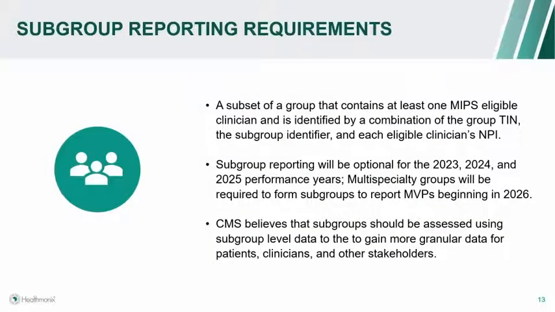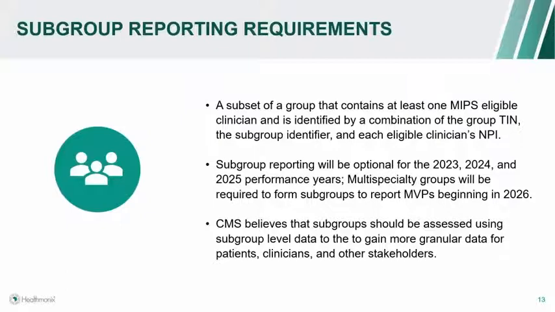So we've gone over subgroups a little bit. A subgroup is a subset of a group that contains at least one MIPS eligible clinician and is identified by a combination of the group TIN or tax identification number and something called a subgroup identifier, as well as each eligible clinician's NPI.